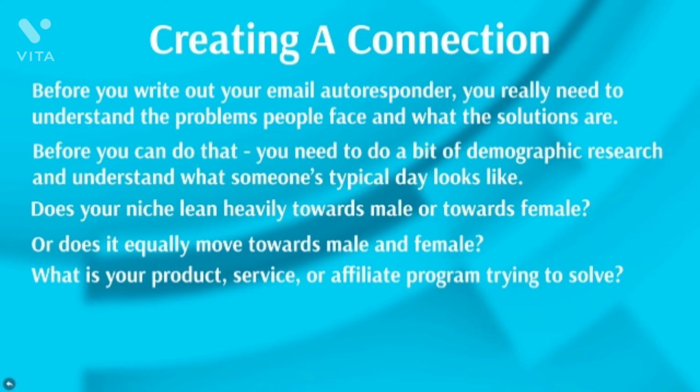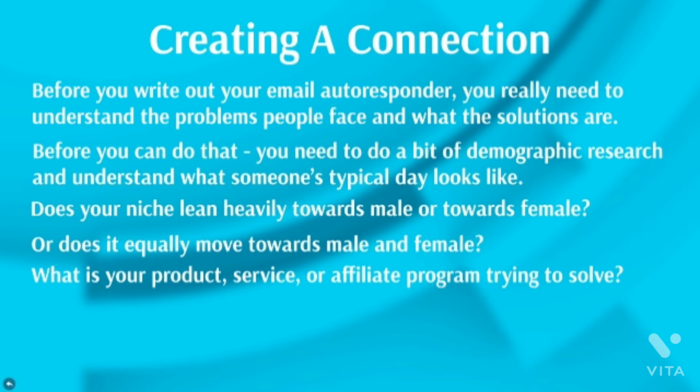It doesn't matter if you're selling a product or service or an affiliate program. The whole goal of every single one of these items is to build a relationship first. Then you can sell your product, then you can sell your service, and then of course, then you can sell your affiliate program. So oftentimes you'll find that the best converting email autoresponder series tend to build a relationship first rather than selling first.